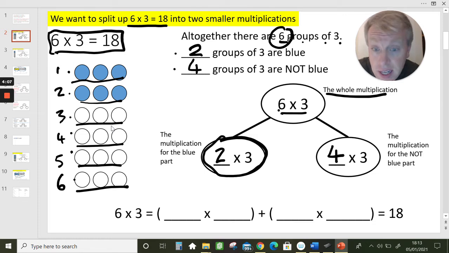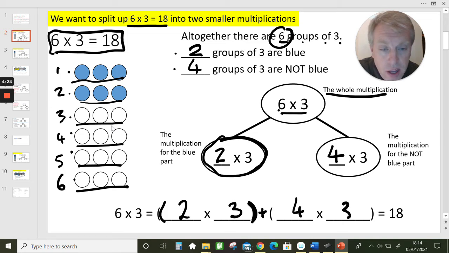We can write it down here in a kind of symbolic way. 6 times 3 is the same as 2 times 3, but I'm going to make sure that I put that 2 times 3 in brackets. The brackets keeps those together. Add how many lots of 3? Well, 4 times 3. And do you remember?